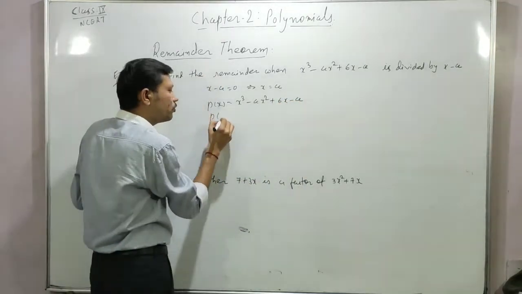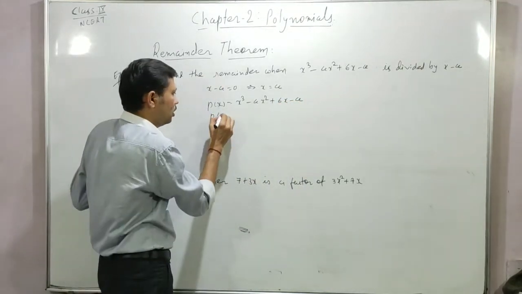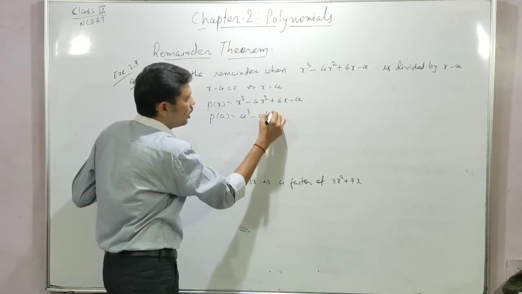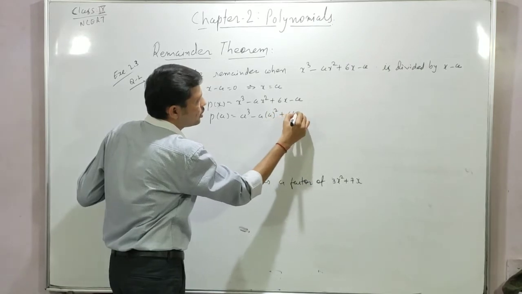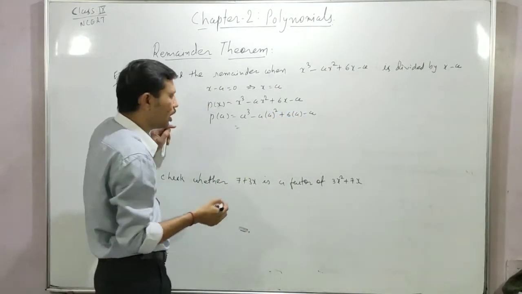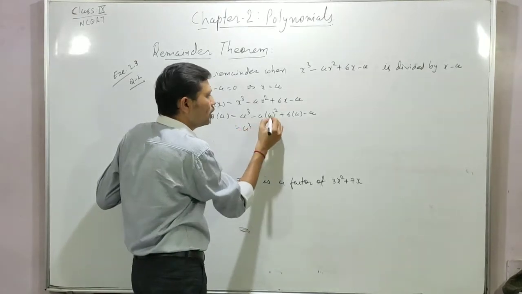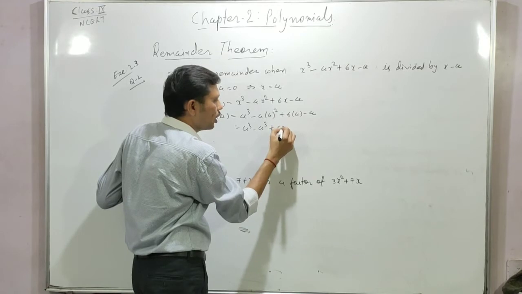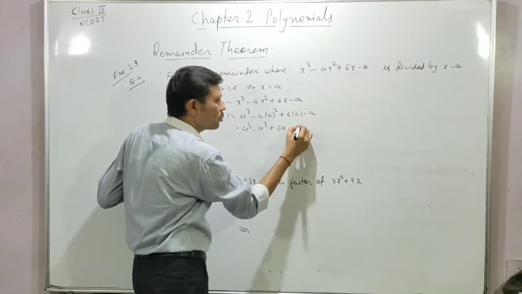Now value of x, what we will replace here? a. So a cube minus a square into a plus 6 into a minus a. Wherever x is there, each and every place we replace it with a. So a cube, here a square into a, so a cube, 6a हो गया, 6 into a और एक minus a.